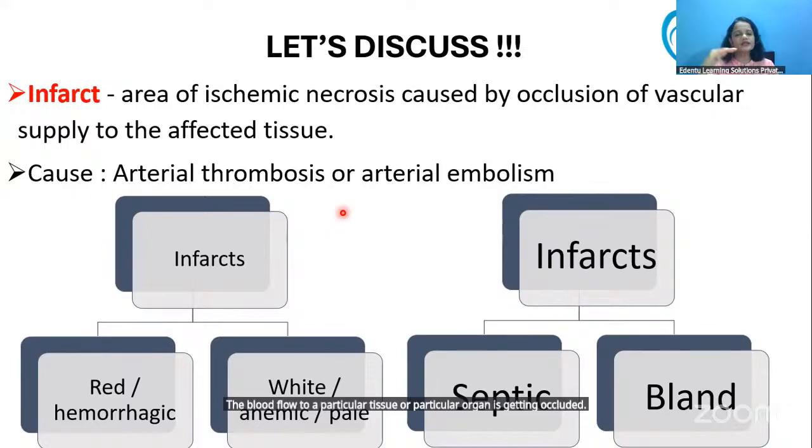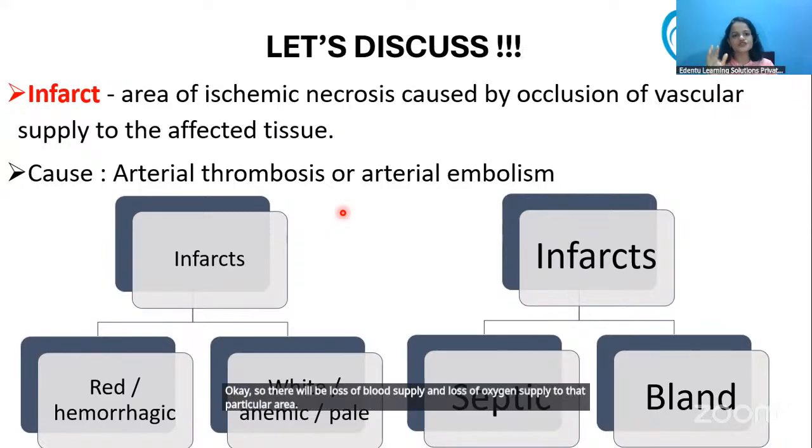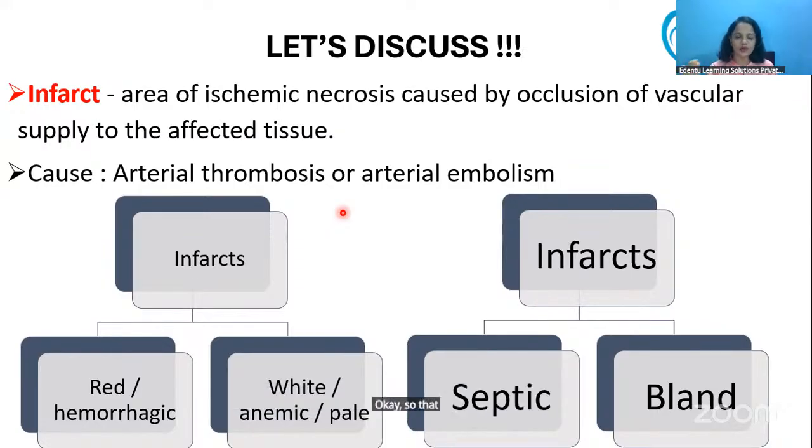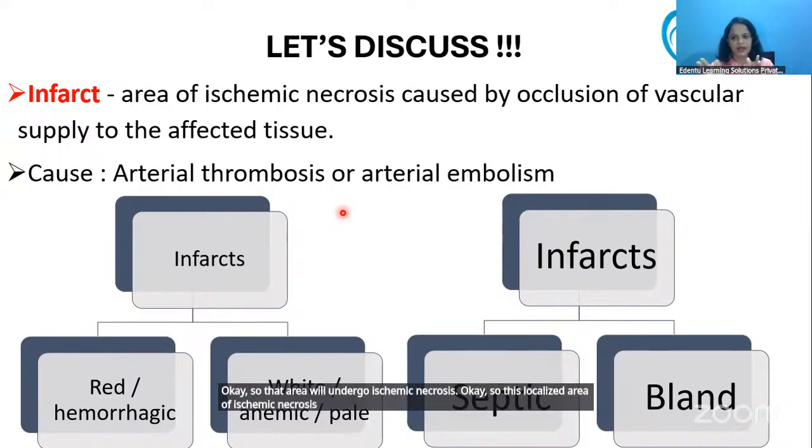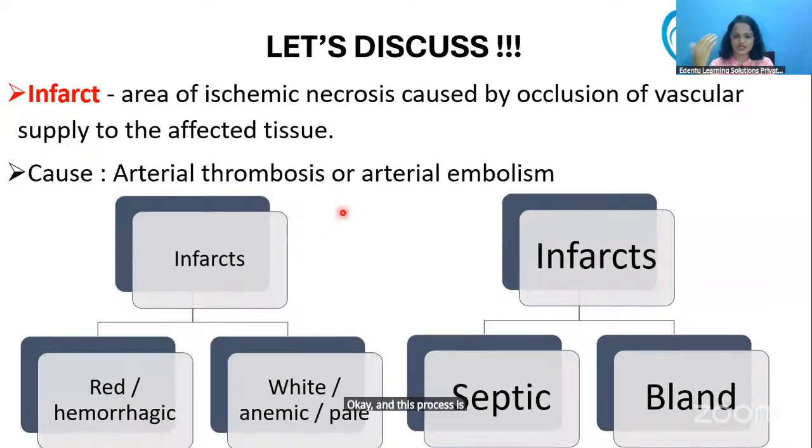So there will be loss of blood supply and loss of oxygen supply to that particular area. That area will undergo ischemic necrosis. This localized area of ischemic necrosis that is caused by the occlusion of the vascular supply to the affected tissue is called an infarct, and this process is called infarction.